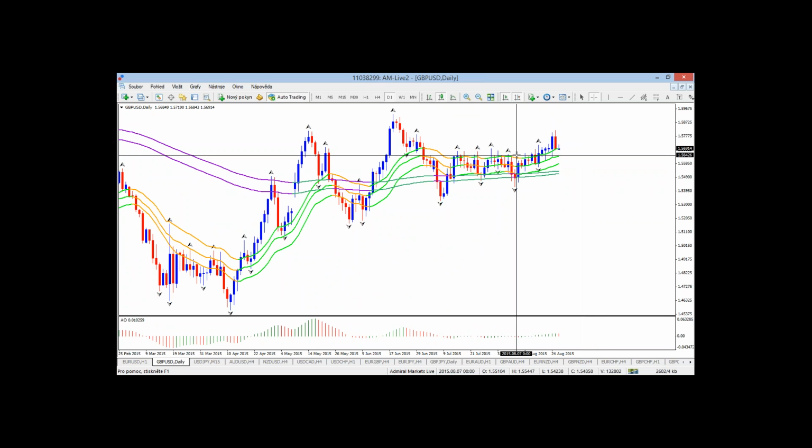Pound dollar daily chart. We have a lot of trend lines here, in fact. All right, that's a trend line, for instance.